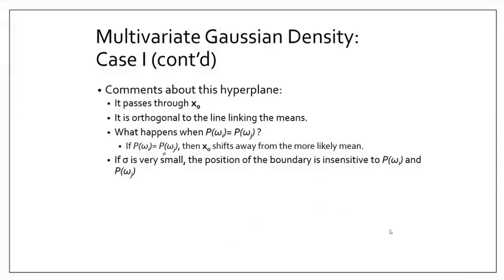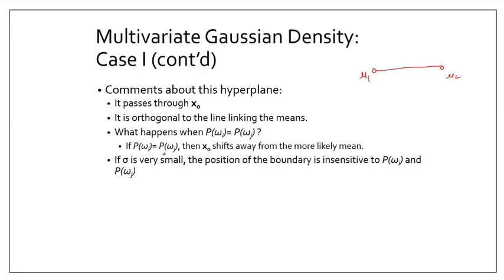Now, if you see that equation, it is passing through X0. It is orthogonal to the line linking the two means, that is mu1 and mu2. So suppose this is the mean of class 1 and this is the mean of class 2.